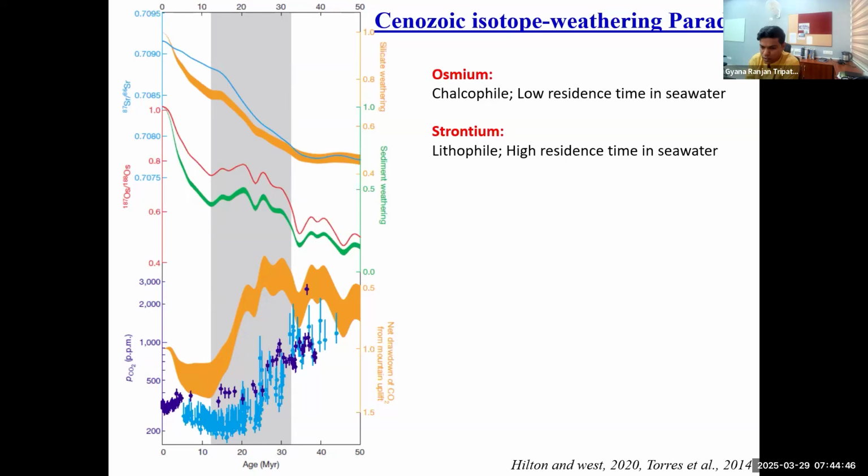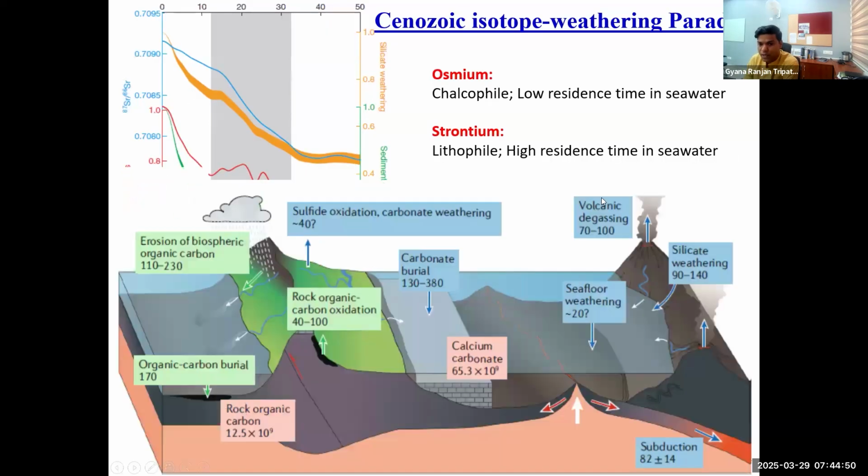That's how, more recently, the carbon cycle we are seeing has been updated. Yes, there is volcanic degassing that supplies a huge amount of CO2, and yes, there is silicate weathering drawing down CO2, but there are various other carbon sinks like organic carbon burial, and these must be supported by some CO2 supply.